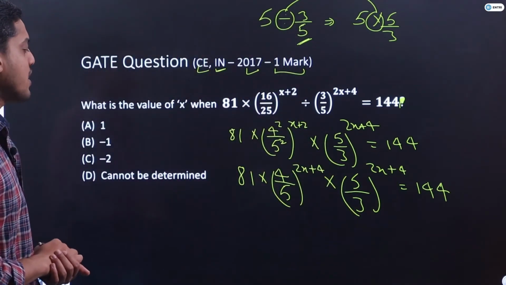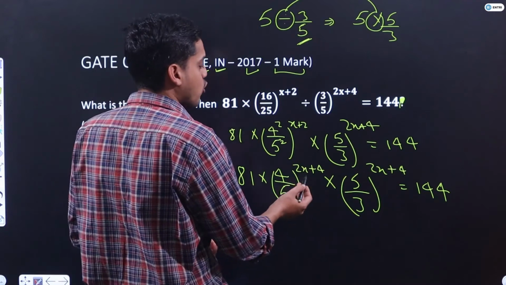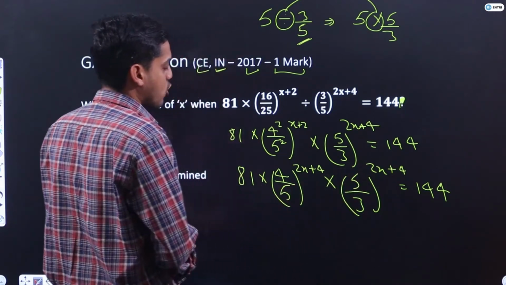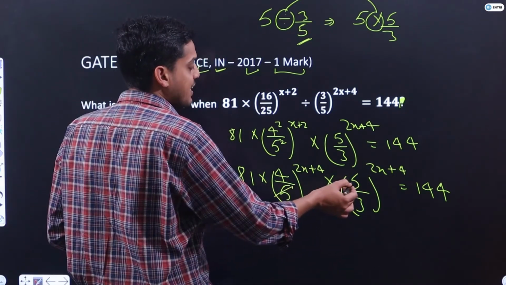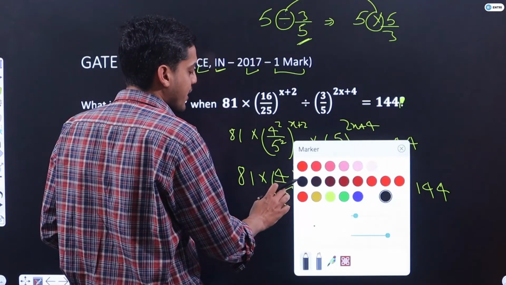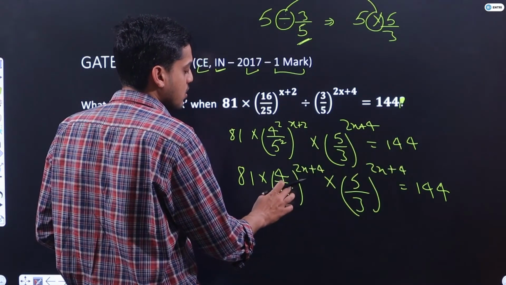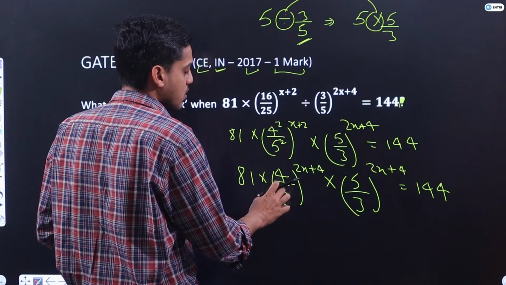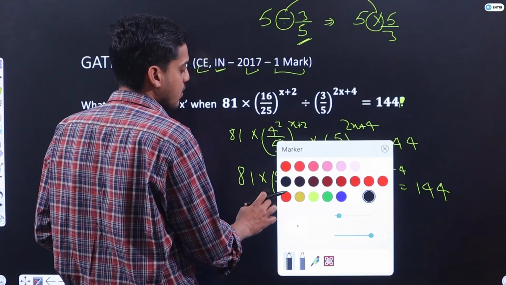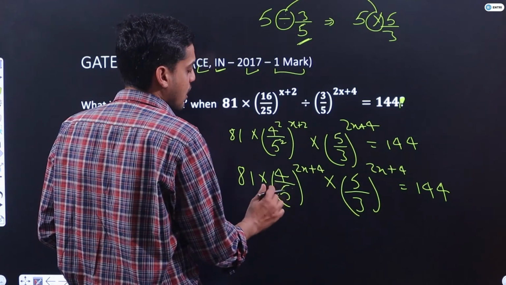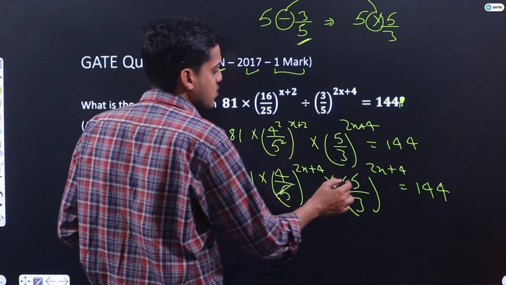Now guys, you will say, sir, here 5 is to the power 2x plus 4, here also 5 is to the power 2x plus 4, 5 and 5 will get cancelled. Definitely 5 and 5 will get cancelled guys, no need to worry for that.